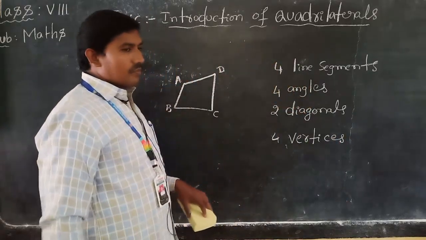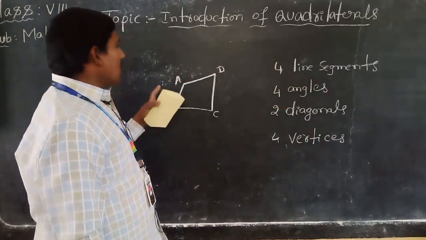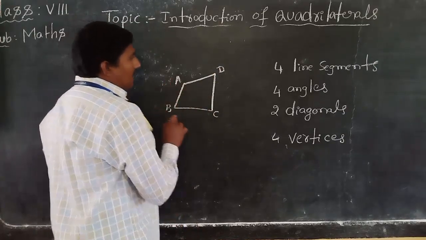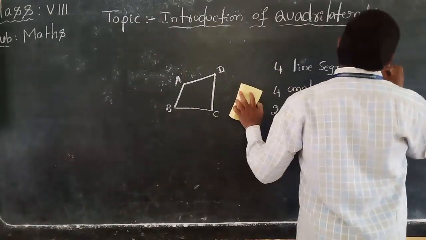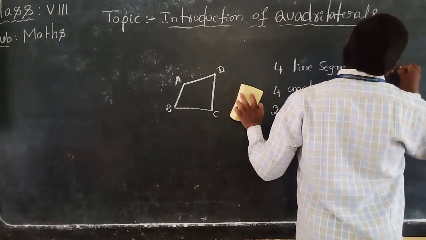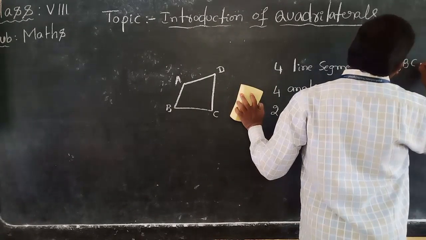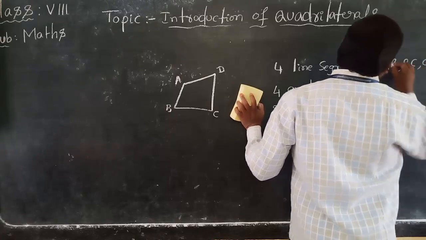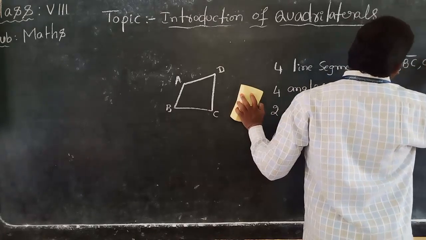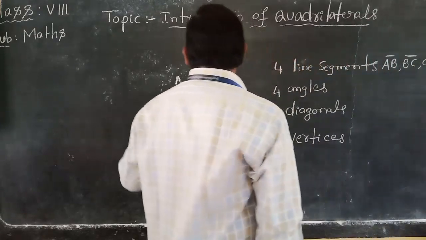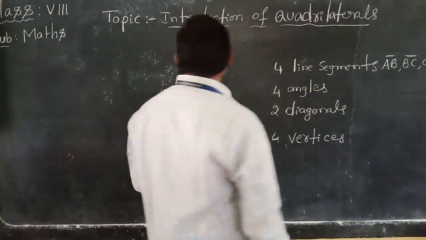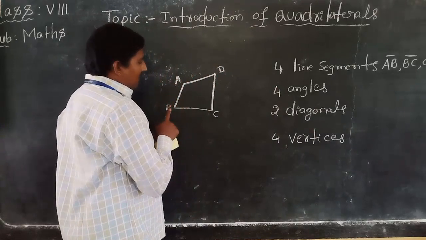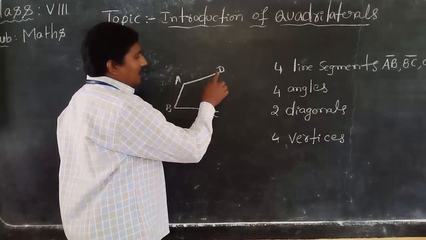Okay, see, here 4 line segments: AB, BC, CD, DA. These are 4 line segments. Next, 4 angles: angle A, angle B, angle C, angle D.